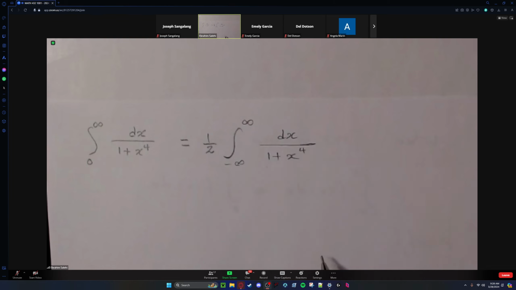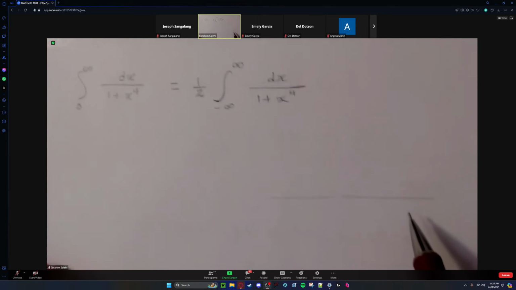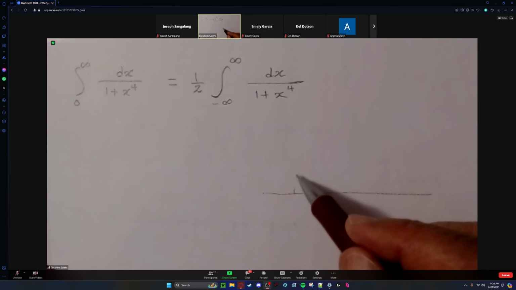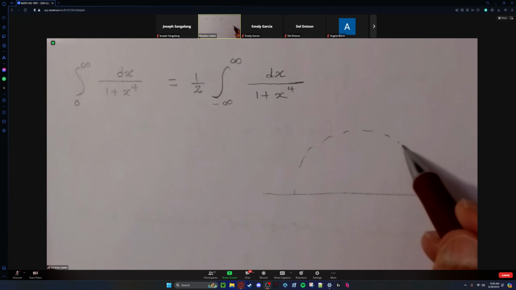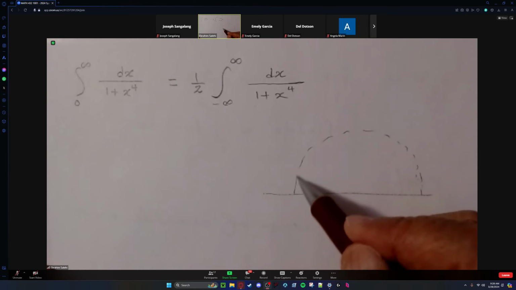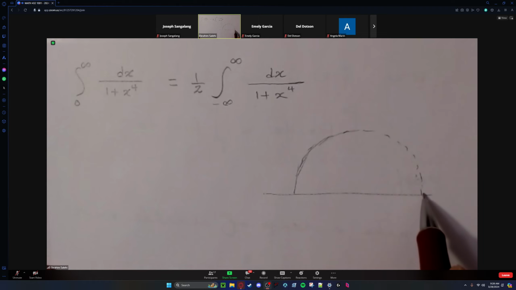So the contour or the curve that I'm going to consider in this case would be this one. This is a semicircle.